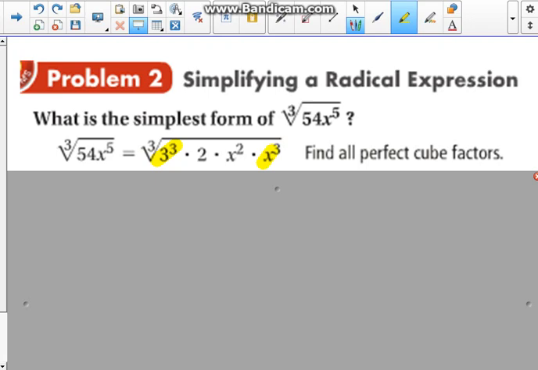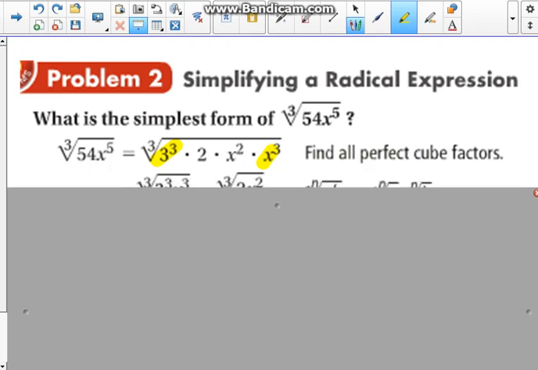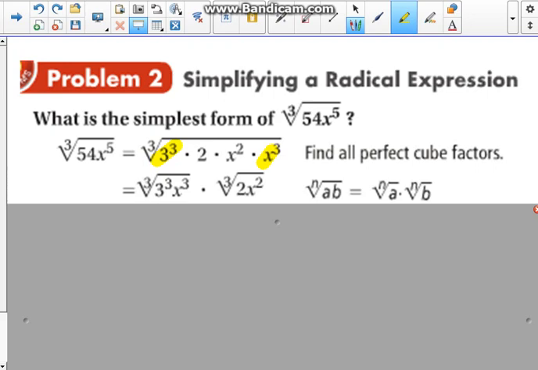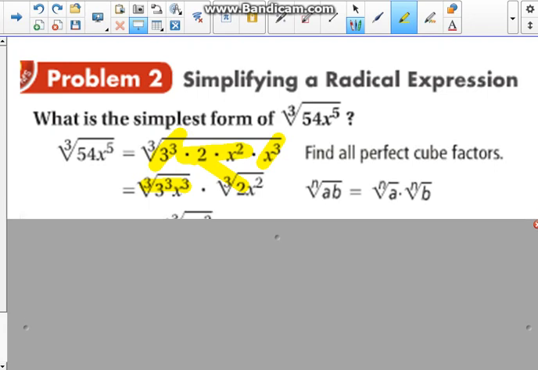So now that we've found all of our perfect cube factors, now let's regroup, and we want to group our cubes together. So here's our cubes, the 3 cubed and the x cubed. And then the leftovers, the 2x squared there, using our new property.